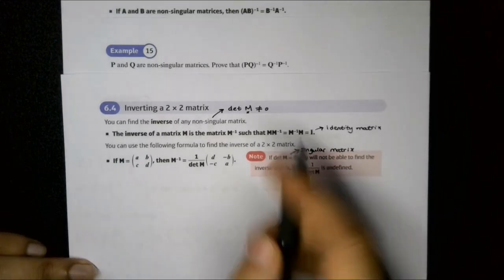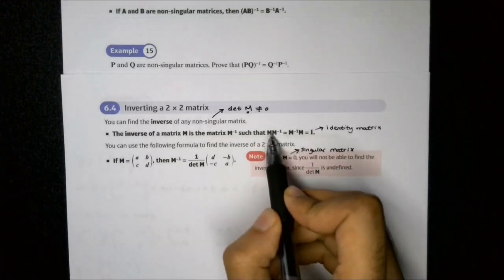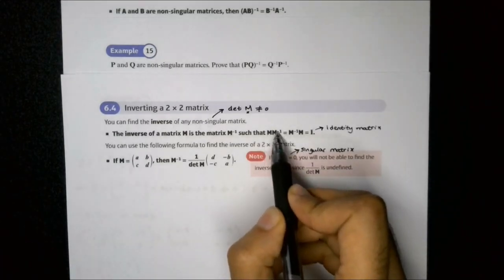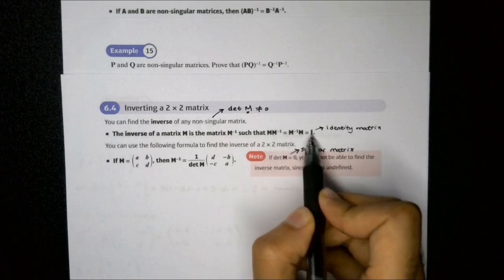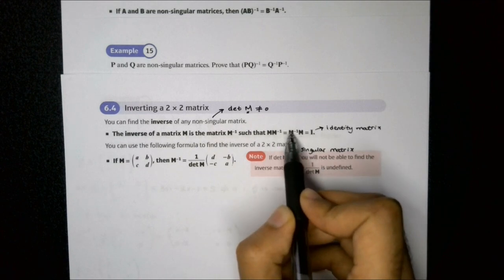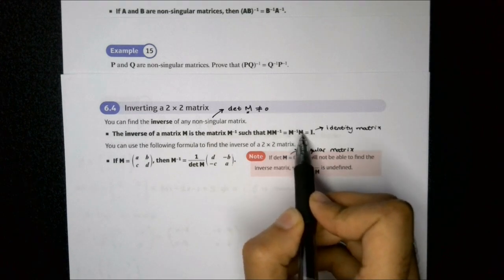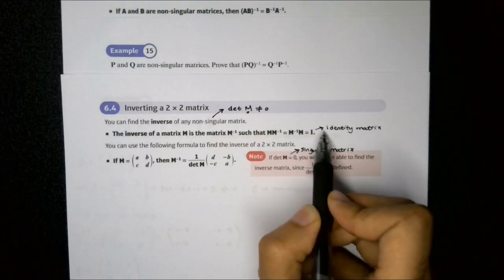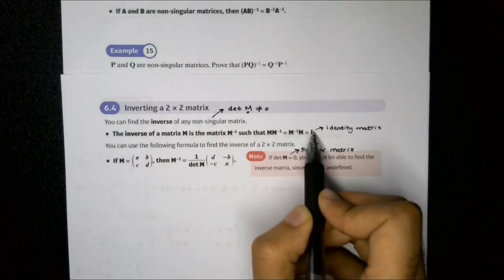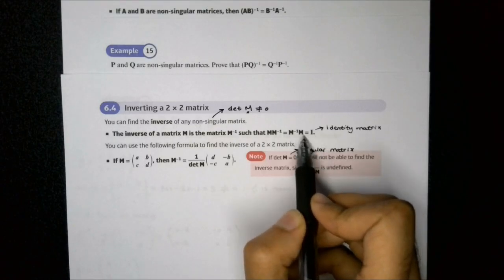Now to do this question, we would have to use what we discussed previously. That is, if we have a matrix M, and if we multiply that by the inverse of M, that's the identity matrix. Alternatively, if we have the inverse of M and we multiply that by M, we'll still get the identity matrix. And multiplying a matrix by the identity matrix will just result in that matrix.